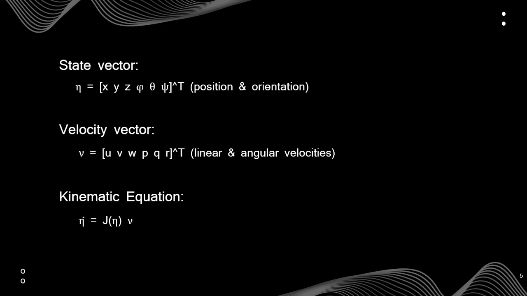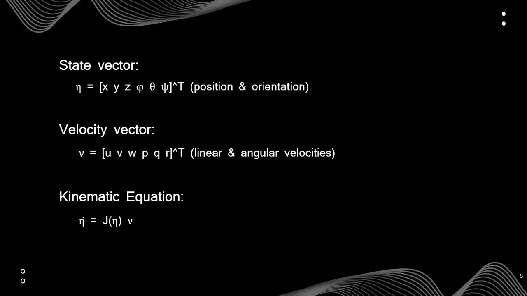We represent the position and orientation using the vector eta: x, y, z for position and phi, theta, and psi for orientation. That's roll, pitch, and yaw.